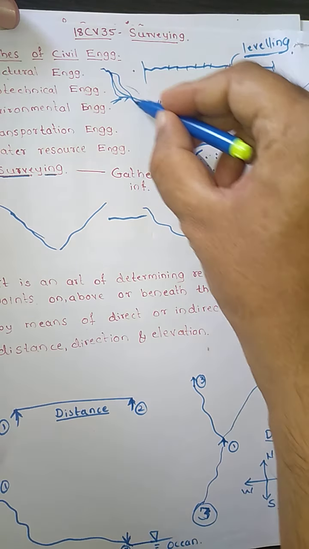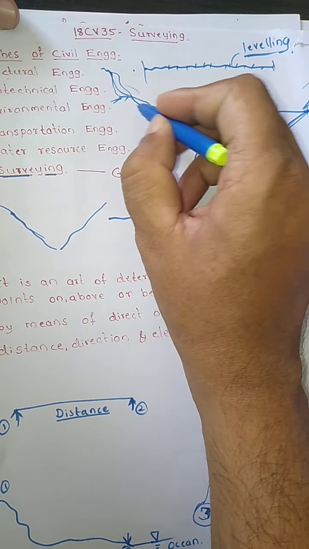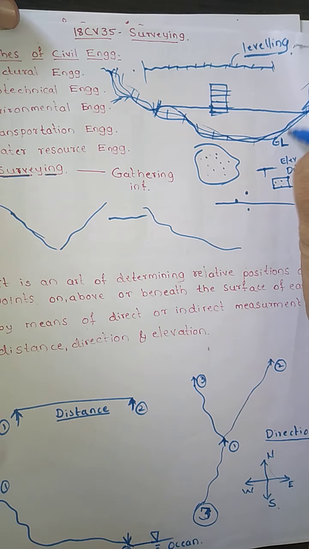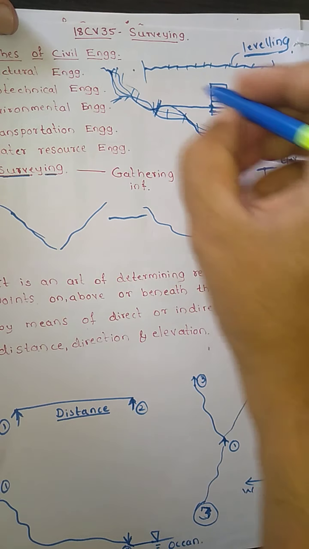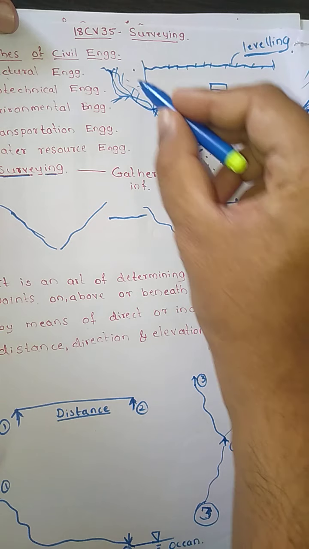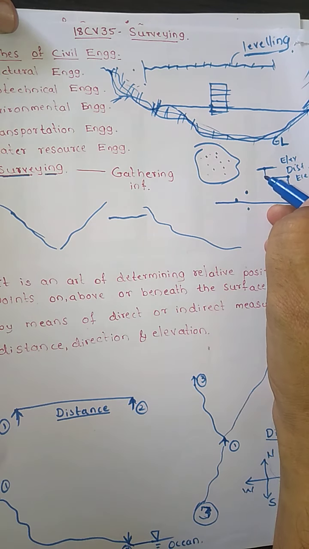This is an uneven surface. So what we exactly do is gather information on how much undulation is there in this land, and we will get it from leveling. Then we will get the data regarding this, and how much slope is there and all.